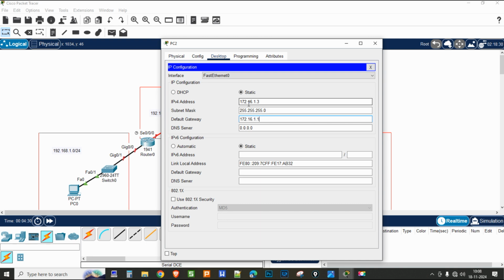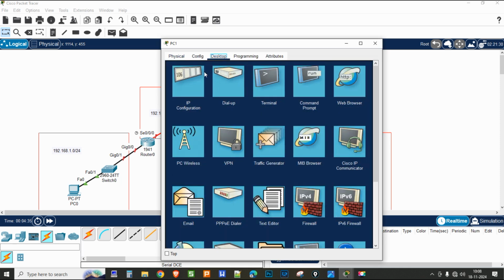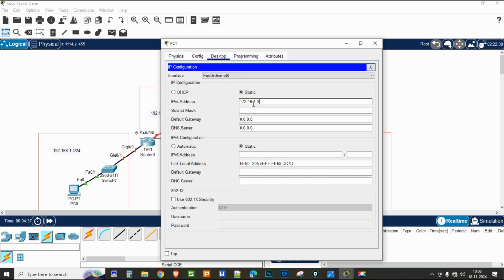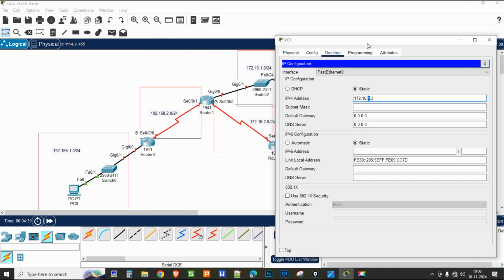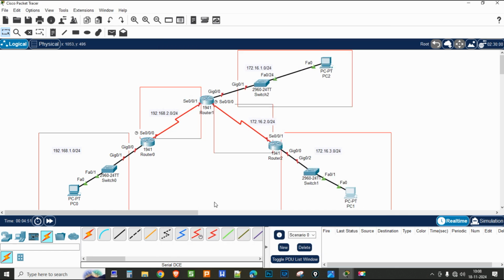Mostly we can make mistakes in the subnet mask. You must correctly configure the subnet mask in every device, as well as the router interface. This is 3.2, subnet mask, 172.16.3.1. Now we configure the end devices for the IP address.